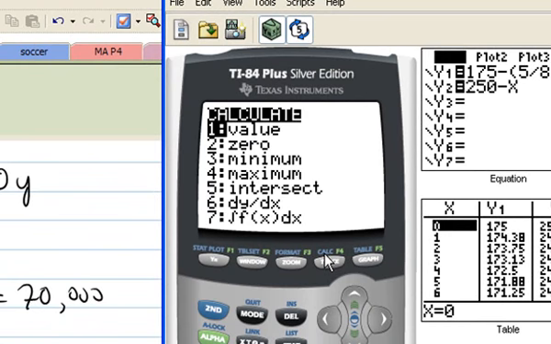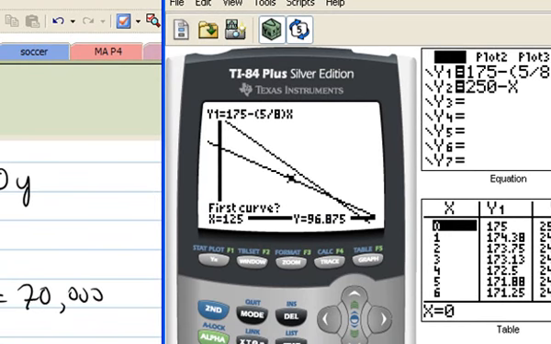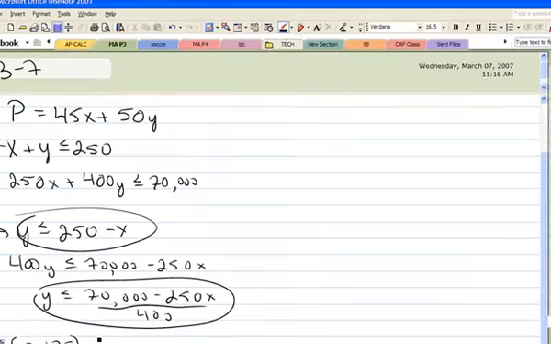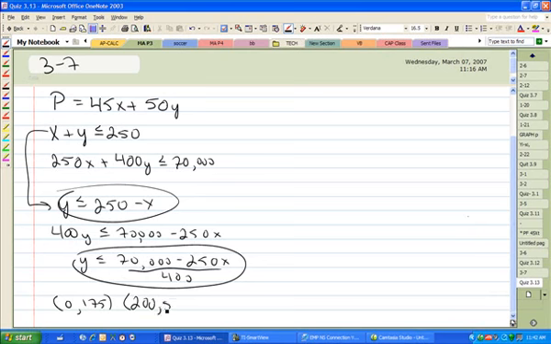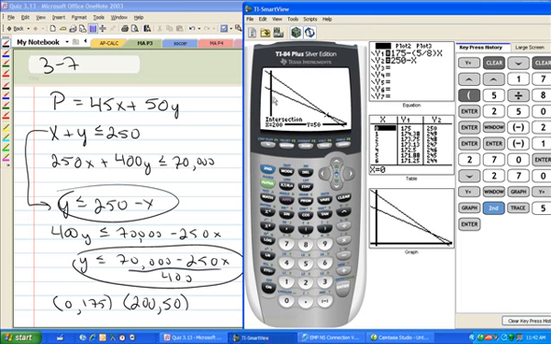So let's find this intersection. Second trace, intersect. I want the intersection between that line and that line. 250. And looks like I have one more point down here.